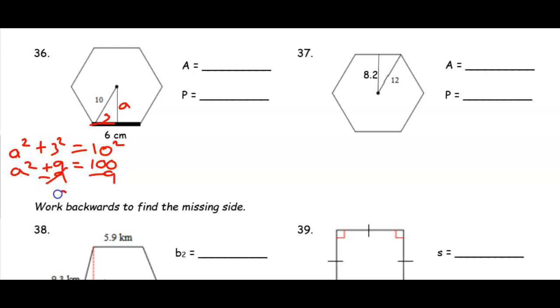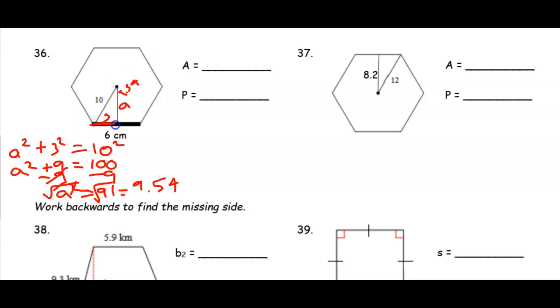Subtract 9, a squared equals 91. And then the square root of 91 is 9.54. So right here, a is 9.54.